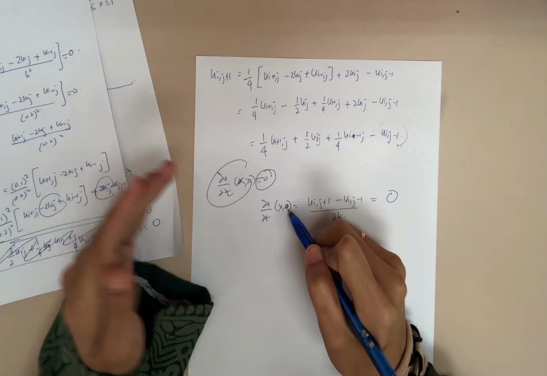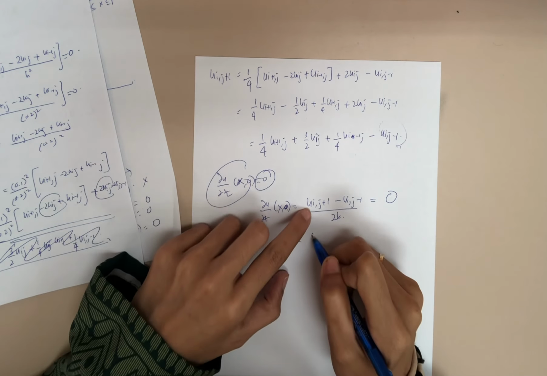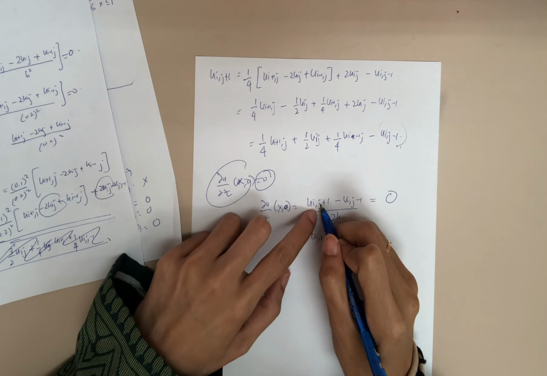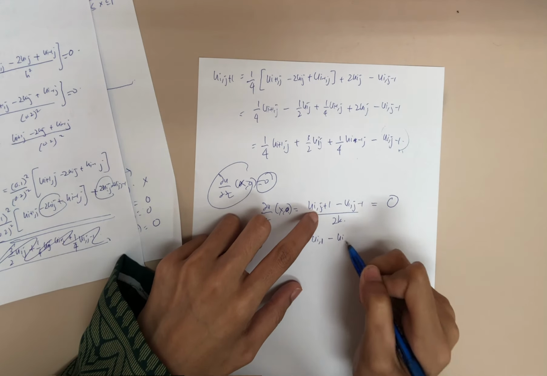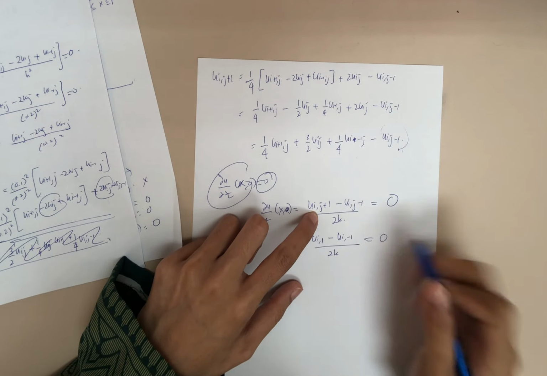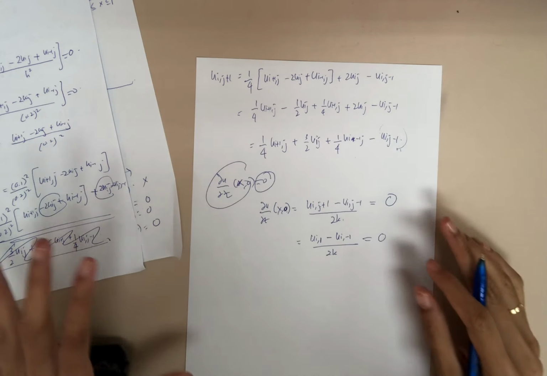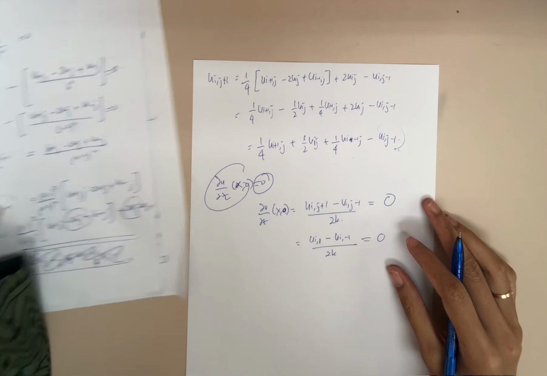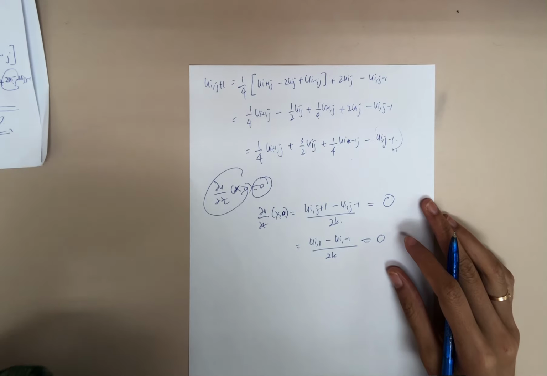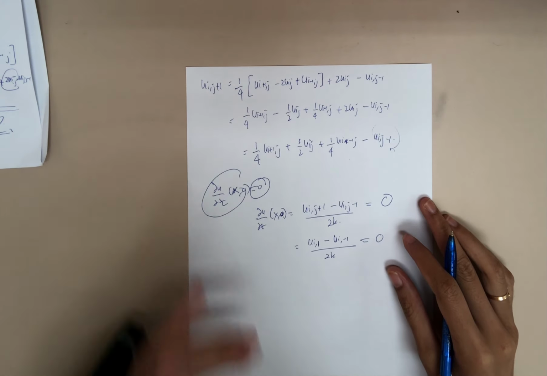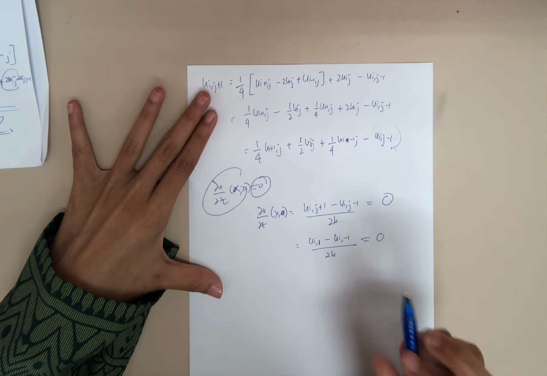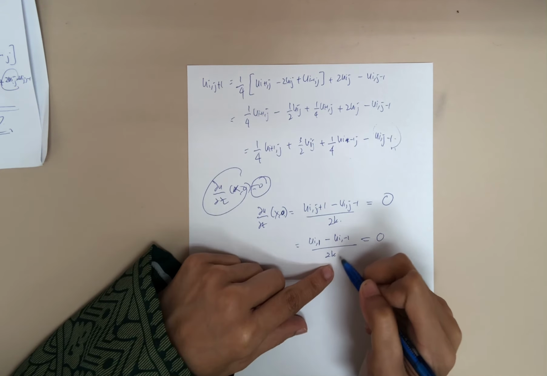So here you will get u_{i,1}, because j is 0, class, and then minus u_{i,-1} over 2k, and this equation is equal to 0. This is the extra thing that you need to apply for the wave equation. For heat, there is no such thing. So heat is simpler compared to wave. Alright, so 2k here.